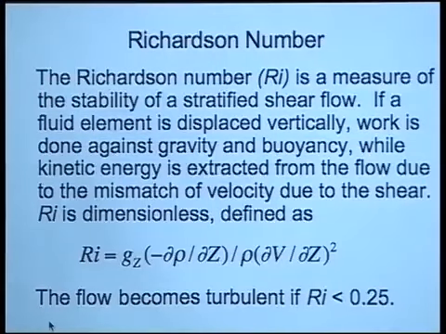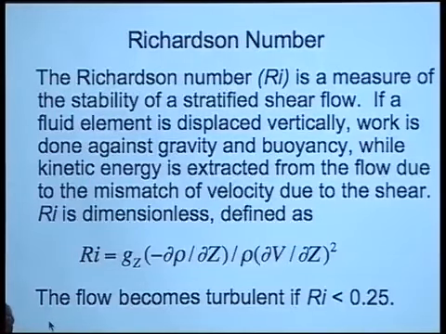Another characteristic number that we need to keep in mind is the Richardson number. That was also mentioned yesterday. It's a measure of the stability of a stratified shear flow, where the density gradient will tend to stabilize the flow. This number defines the onset of when the energy that is derived from the shear counteracts the energy that is needed to displace an element of fluid vertically.